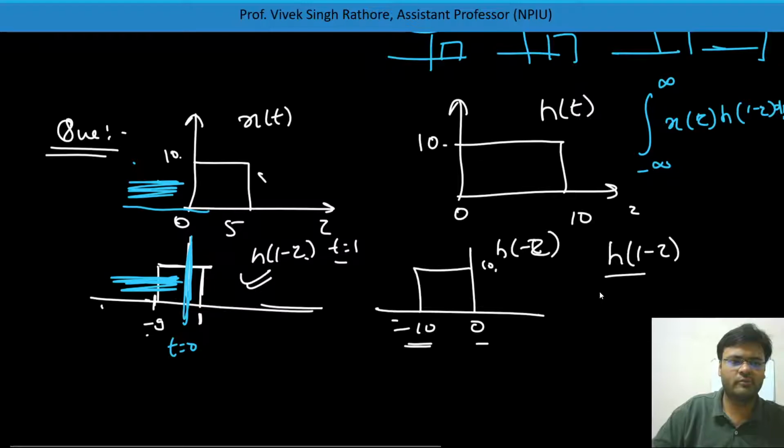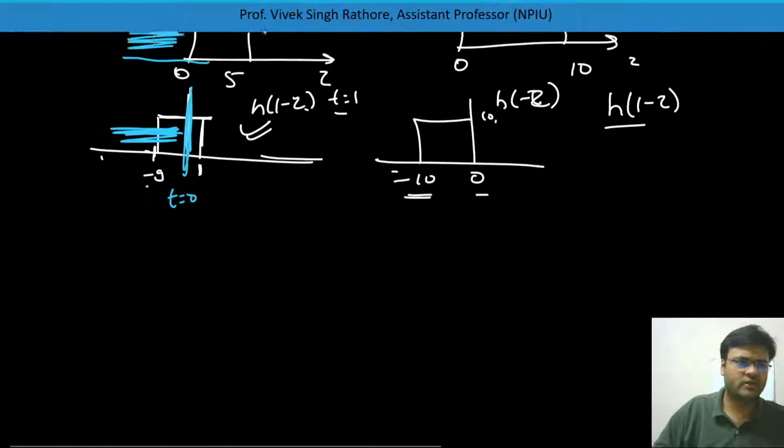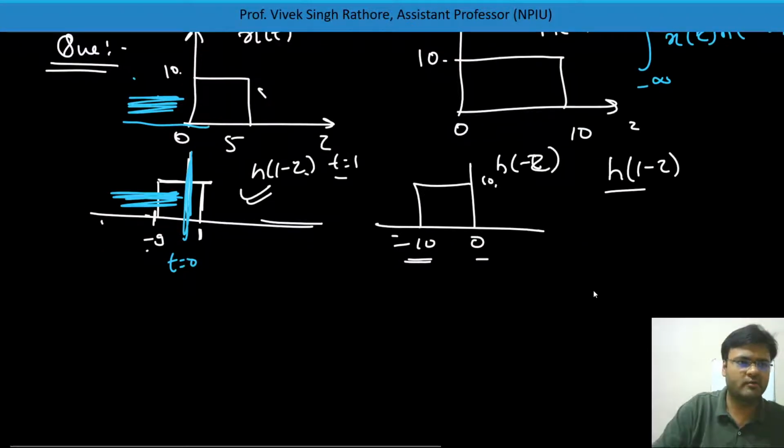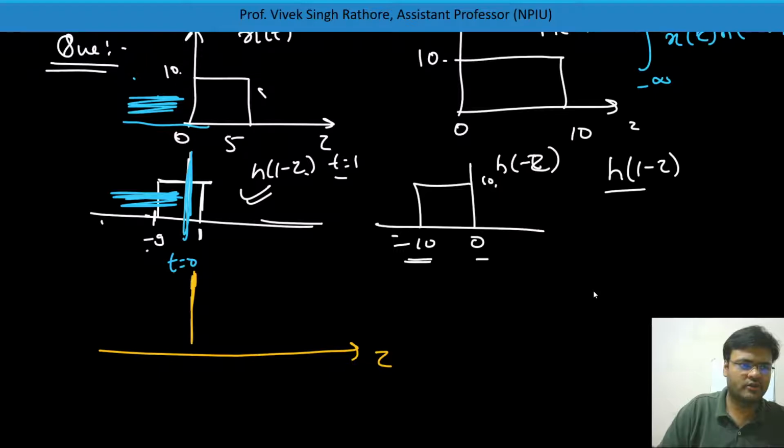So I will plot the output here also. Let's suppose this is your tau, and this is your t, where t is equal to 0. We are shifting it and calculating the output response.